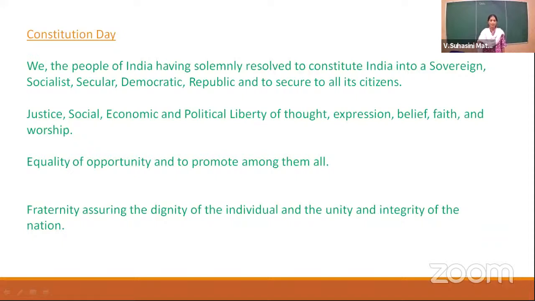We, the people of India, having solemnly resolved to constitute India into a sovereign, socialist, secular, democratic republic and to secure to all its citizens justice, social, economic, and political liberty of thought, expression, belief, faith, and worship, equality of opportunity, and to promote among them all fraternity, assuring the dignity of the individual and the unity and integrity of the nation. Thank you.